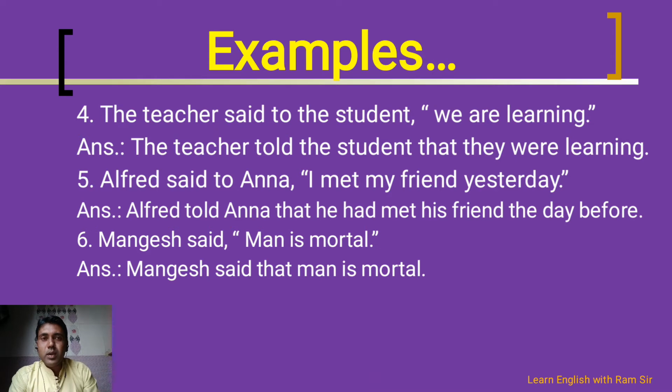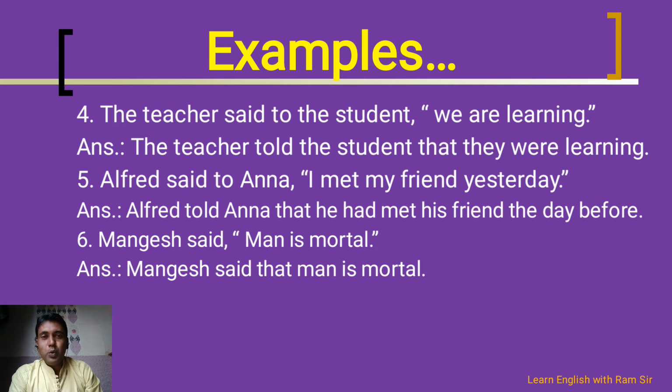So this is all about the direct to indirect of assertive or simple sentence. I hope that you have understood all the three magical rules and the changes in tenses. The second one is pronouns, and the third one is all about the words which we need to convert whenever we are changing the sentences into indirect speech.